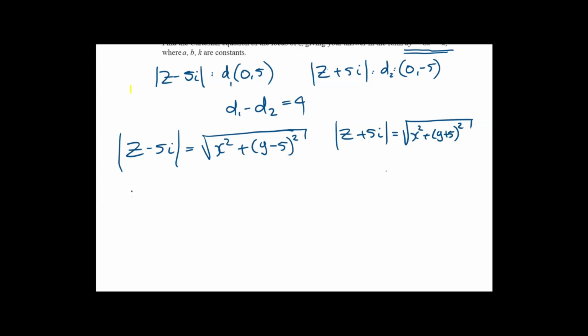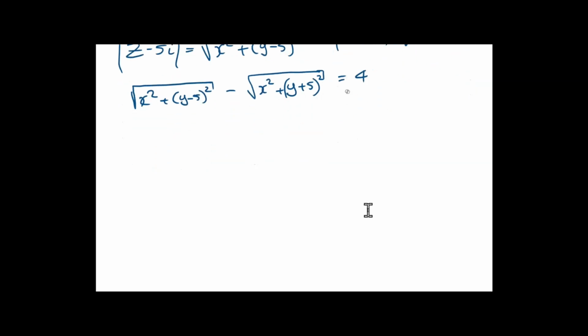So we converted it to Cartesian. We know that the square root of x squared plus y minus 5 squared, minus the square root of this thing in here, equals 4. And I don't like this thing here having a negative sign.